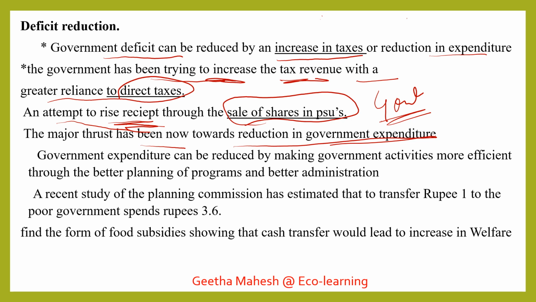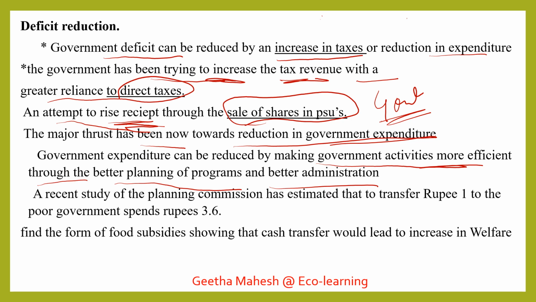And if we consider reduction in expenditure, they can reduce the government expenditure by making government activities more efficient through better planning of programs and better administration.